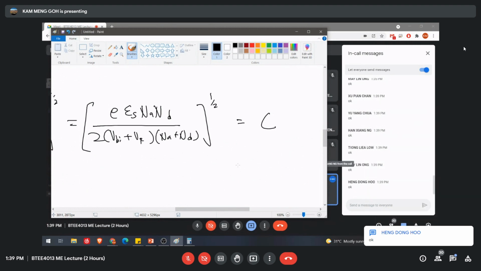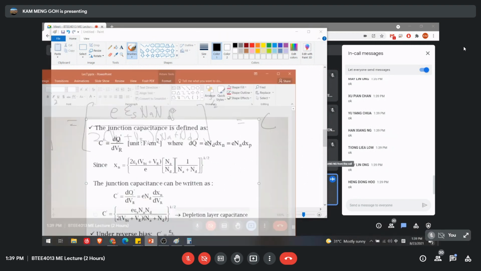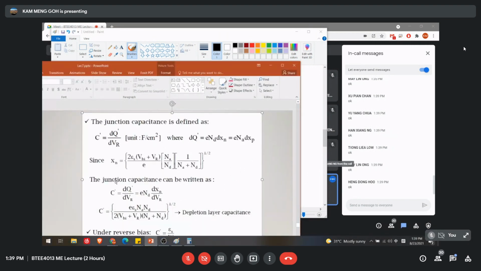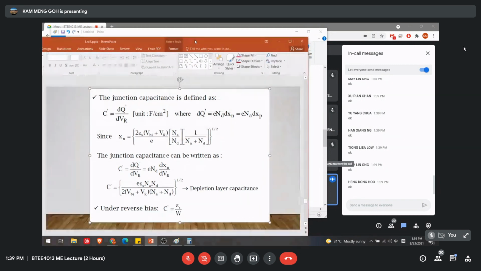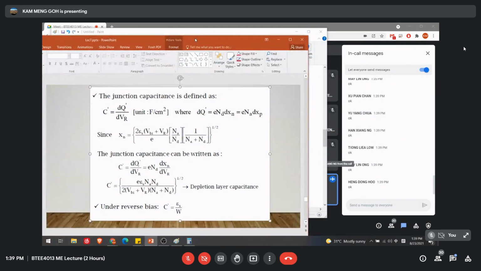But lucky for you, you don't have to memorize everything because the formula is already given here. All we need to do is how we going to utilize the formula only. Okay, so we can also do the same thing. We can use the permittivity divided by the width with the reverse bias. You can get the same answer.